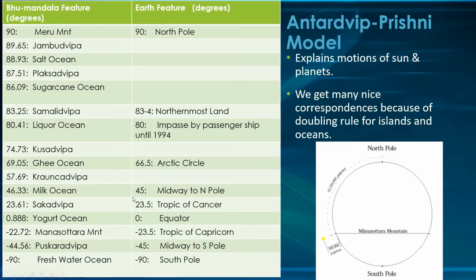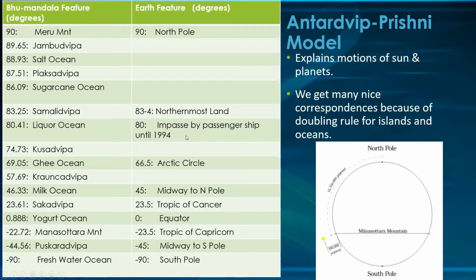And we get so many of these other things. Even the Arctic Circle, the northernmost land, and interestingly enough, there was this impasse by passenger ship until 1994 that happened at 80 degrees north of the equator.